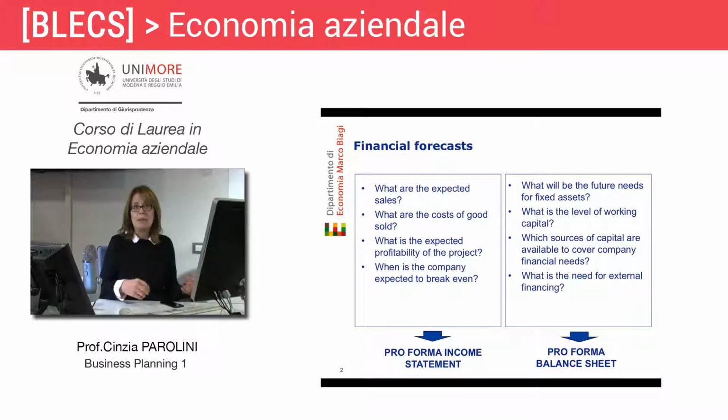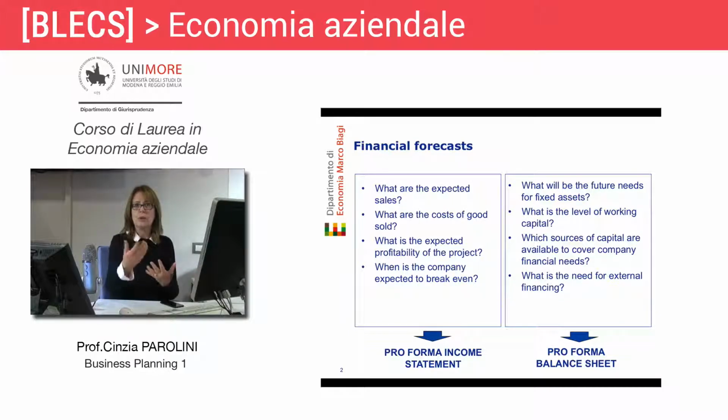This means that the pro forma income statement enables us to answer questions such as: what are the expected sales? So this is the starting point. How high will be our revenues? How high will be our expected sales? What are the costs of the goods sold?